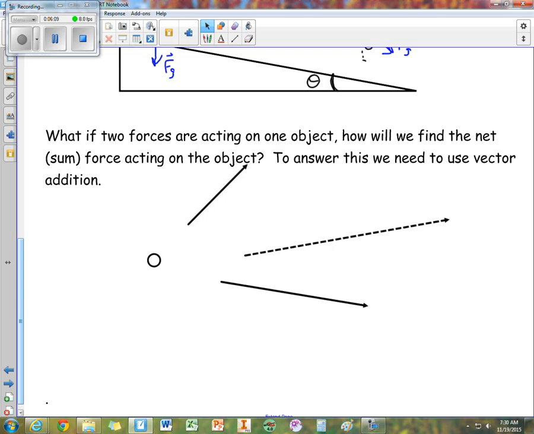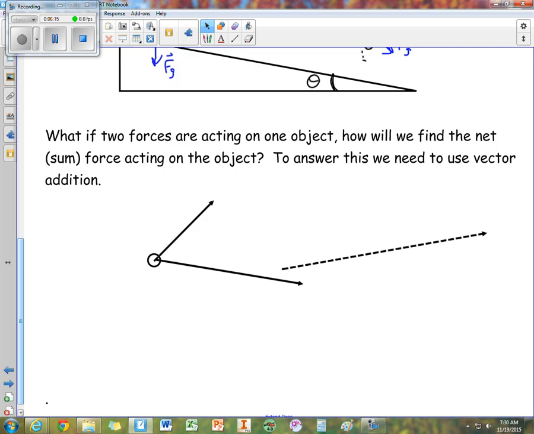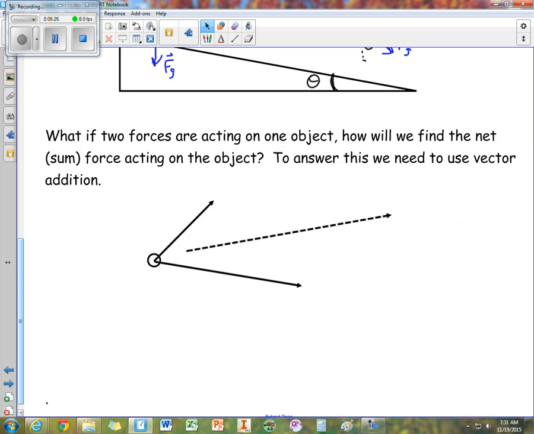And let's say that we have two forces acting on it. So let's say we tie two ropes to it, and we're pulling on these two ropes. Well, what direction would this object accelerate in? Someplace here, I would imagine, someplace up the center. We would want to be able to calculate that.